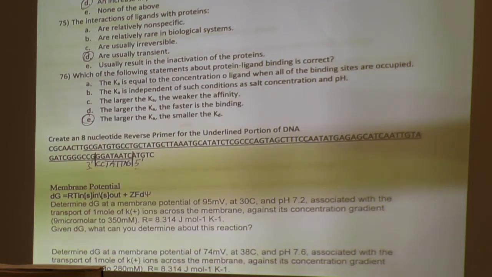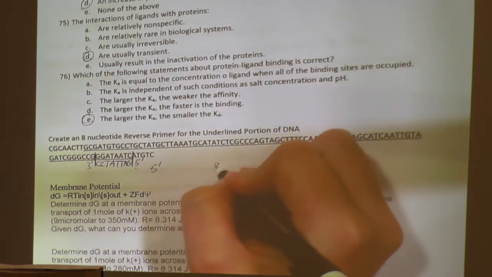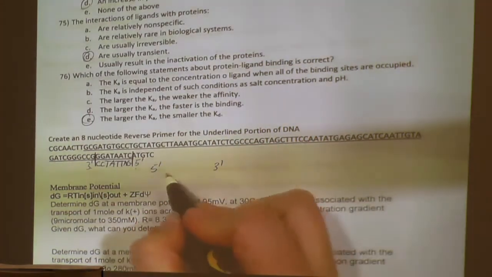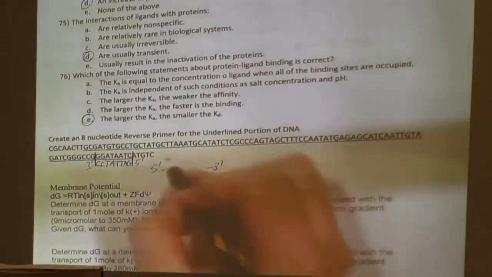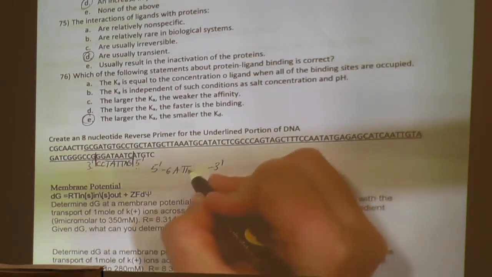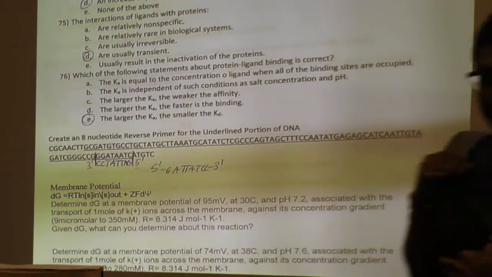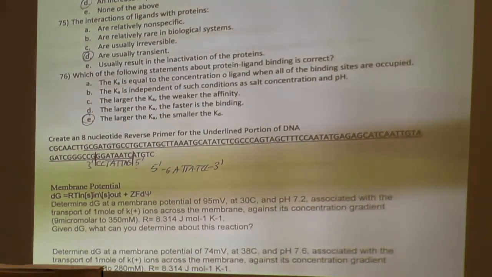Now how do we write it from 5' to 3'? It's going to be G, A, T, T, A, T, C, C. Okay? They can mess you up on multiple choice by doing that. Just be sure to always look at how they're starting it.